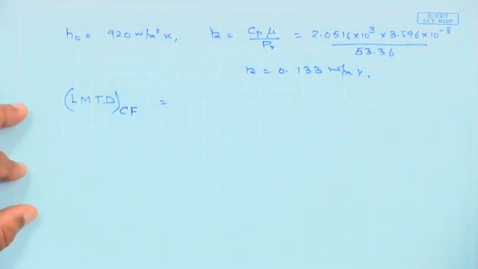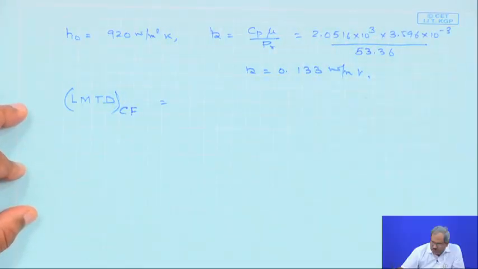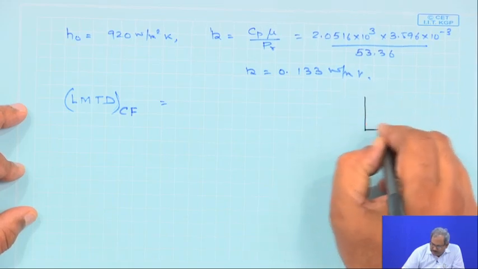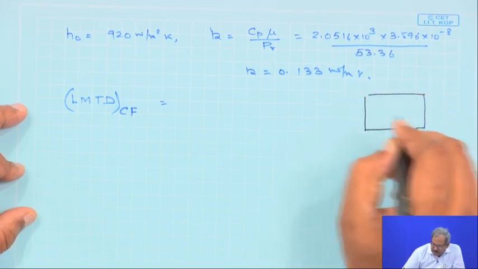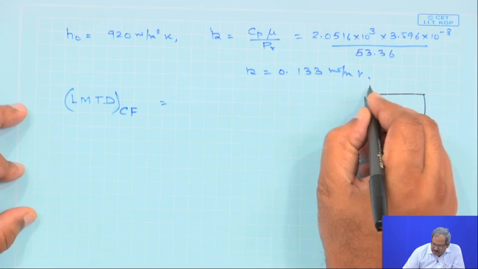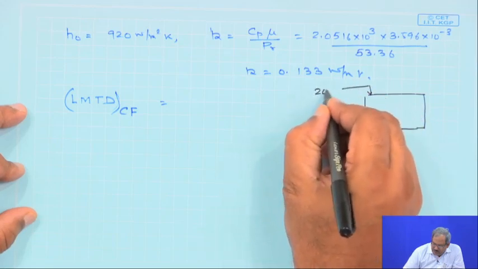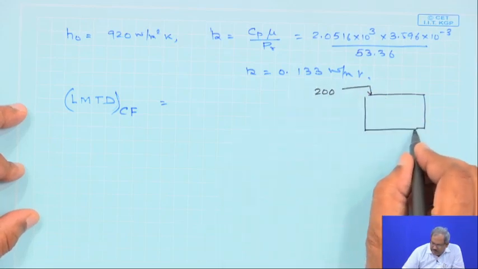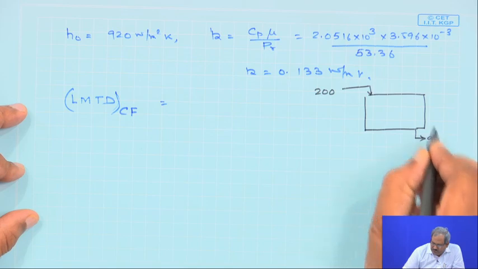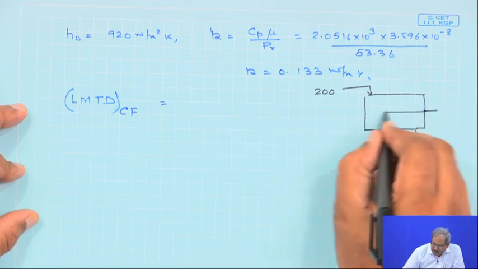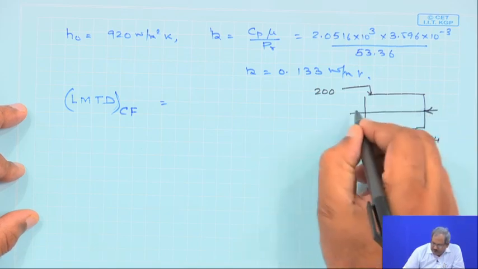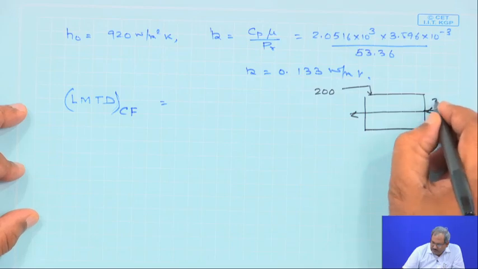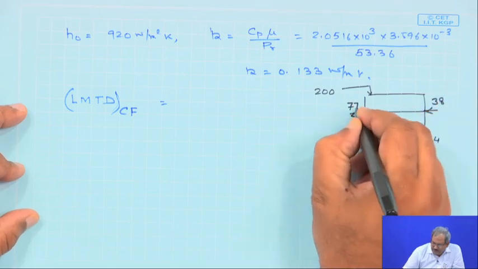So, the modified figure for this would be this being the heat exchanger, the shell side fluid comes at 200, it leaves at 94, and the tube side fluid comes at 38 and leaves at 77.